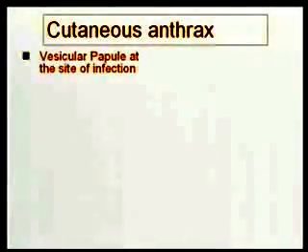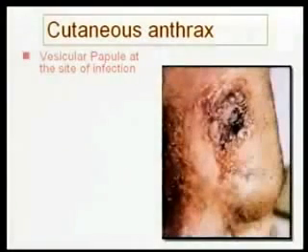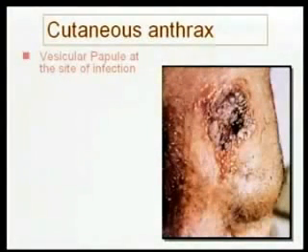Cutaneous anthrax consists of a vascular papule at the site of infection, a small papule. This one is not as small, but if you look here, these are malignant spreading of infection into papules. Around the main lesion, you see these are all papules there.